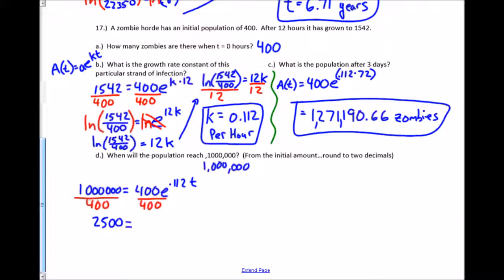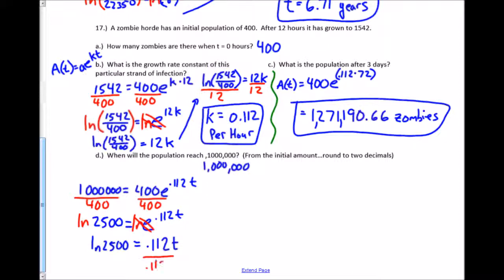Gives me a 2,500 equals e to the 0.112t. I take the natural log of each side, which is the same process we've been following. Natural log and the e cancel out. So I've got the natural log of 2,500 equals 0.112t.